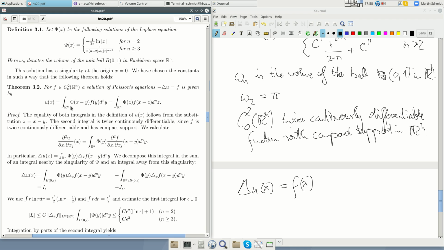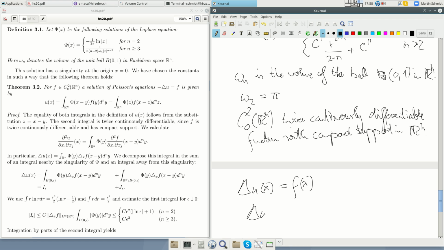Now let's use the first formula and calculate Laplacian u of x. I do now a calculation. It is the Laplacian of phi of x minus y, f of y, integrated over Rn.